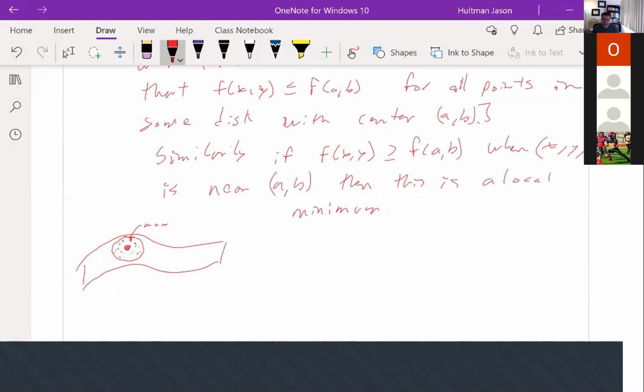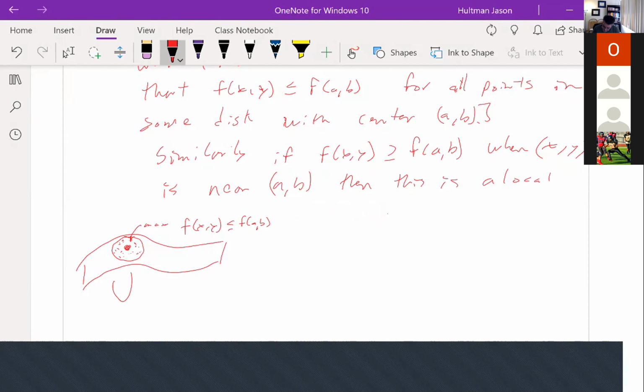That's all it means. If all of the f(x, y)'s are smaller, then (a, b) is the maximum, right?